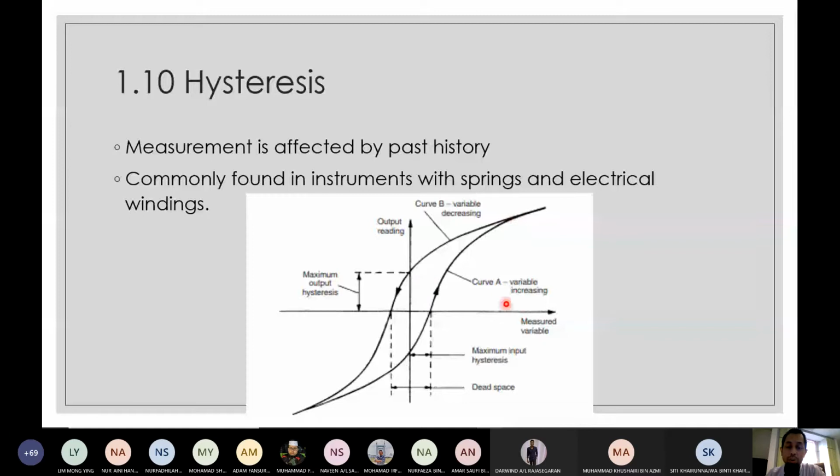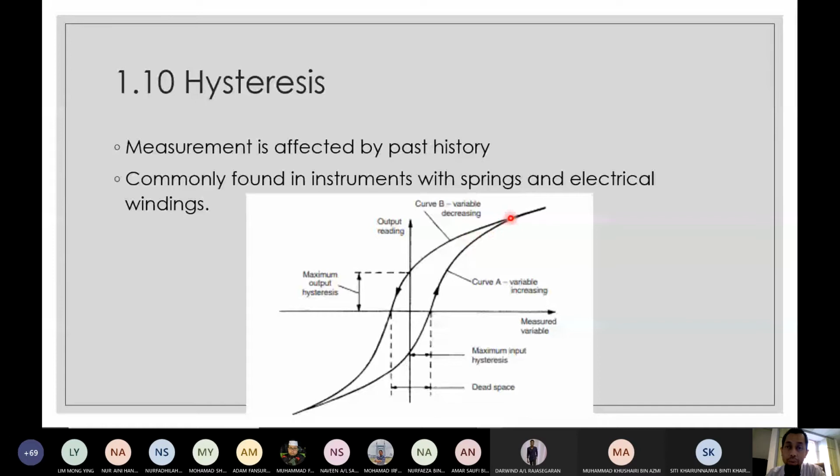And by right, when you reduce the reading back to zero, then the reading should go back to zero. That is the ideal case. But here, let's say you start at this point here. When you increase the value, you are going to have an increase in the output reading. You follow this curve here.